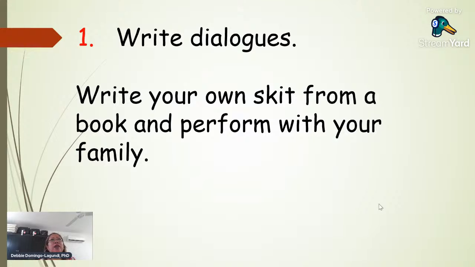Now you can do an unusual activity or unusual writing. Try to make a dialogue where the first character will be Ali, and then Ali will say, what are you doing today? So you're going to write what they're going to say or read, and you have to distribute this to the family.